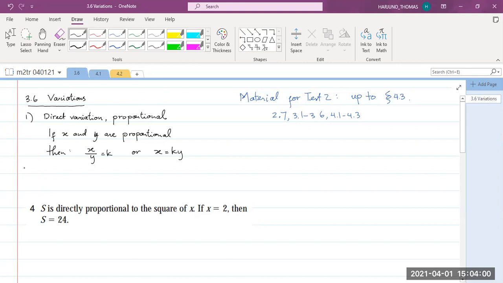Now, the next terminology is inverse variation, or inversely proportional.